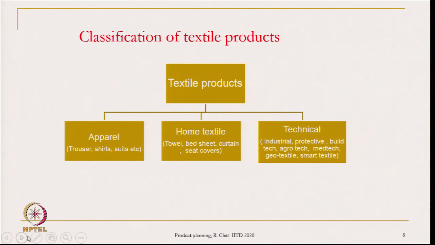So, the use of textiles in developing technical products is something which is new. It was not there. Earlier, for centuries, we had apparel products with us and home textile products also. Both of these are existing with us for a long time. The contribution of textile into technical products earlier was very limited.